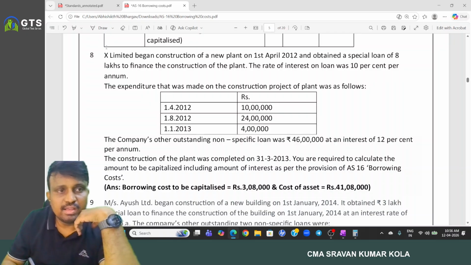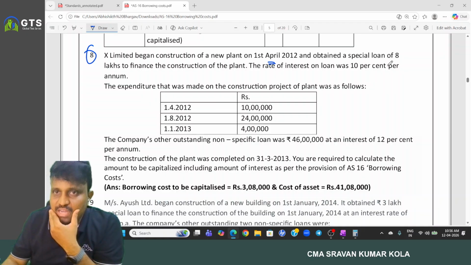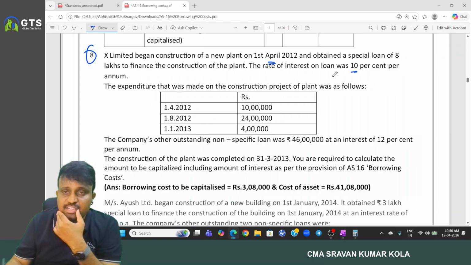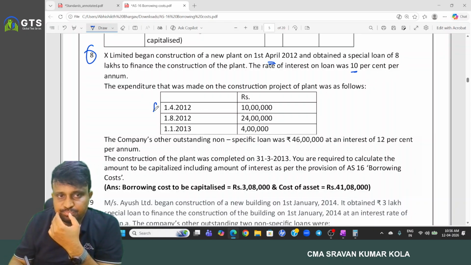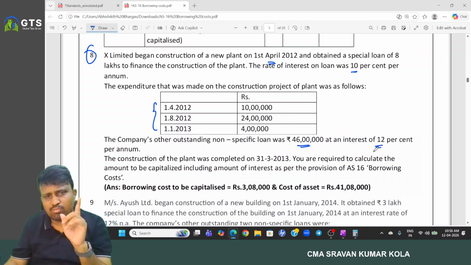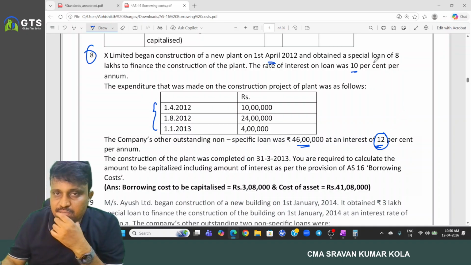And here, Excel Limited began construction of a new plant on 1st April and obtained a special loan of 8 lakhs to finance the construction of the plant. Rate is 10%. And the expenditure was made. And non-specific loans are 46 lakh, rate is 12%. Since one loan is there, we consider 12% directly as the weighted average rate, so no need to calculate it.